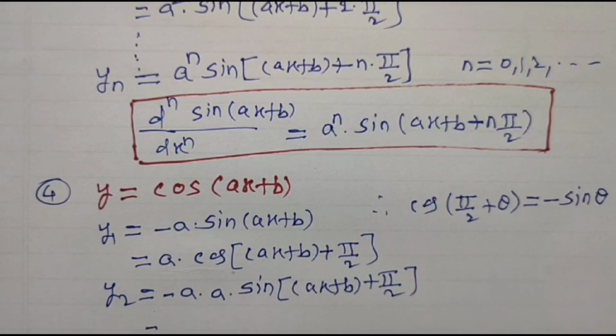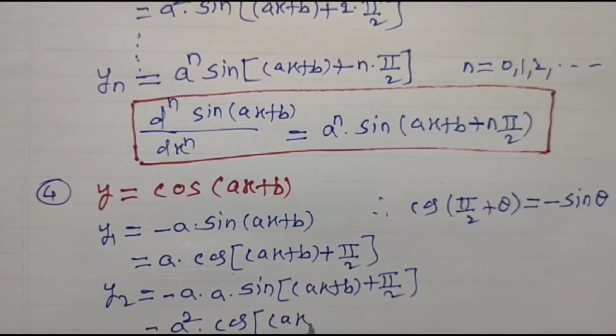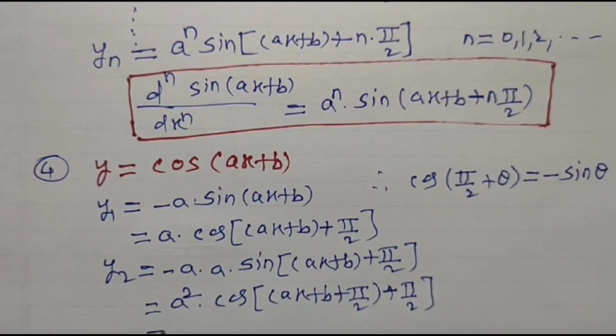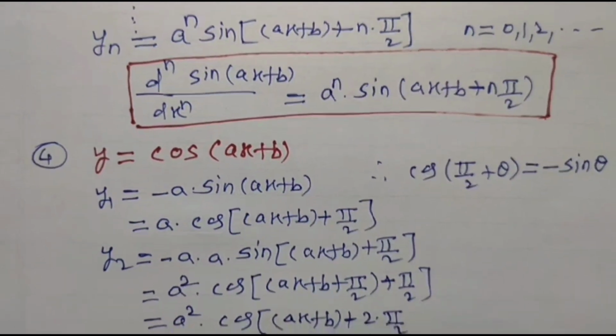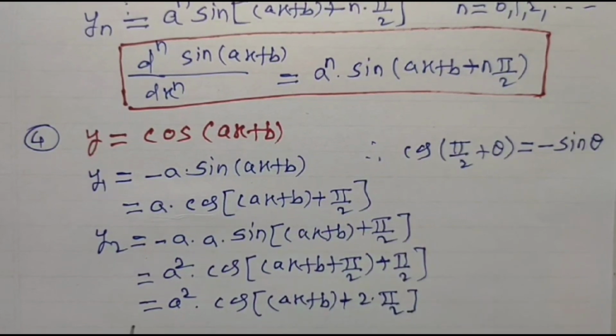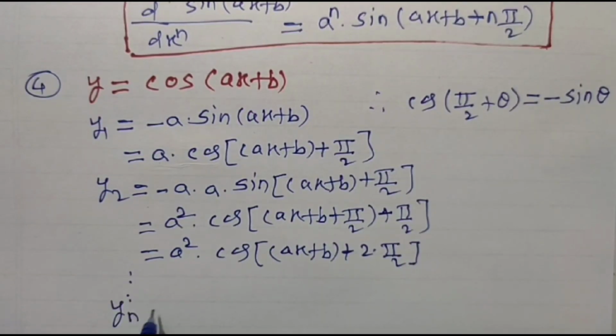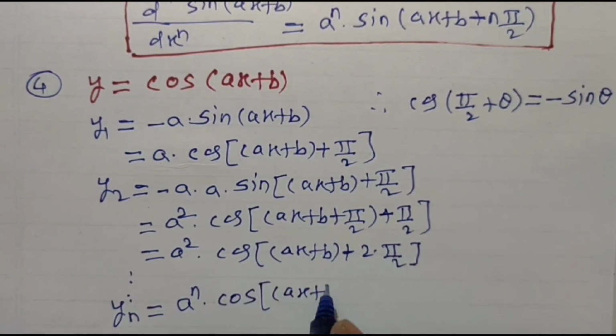So y2 becomes a squared into cosine of (ax + b + pi/2 + pi/2), and this can be written as a squared cosine of (ax + b + 2 times pi/2). Now the general form, yn is equal to a to the power n cosine of (ax + b + 2 times pi/2), where 2 is replaced by n times pi/2.